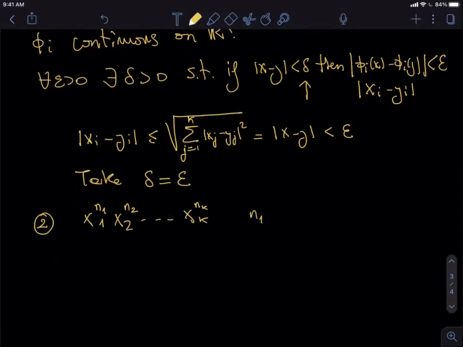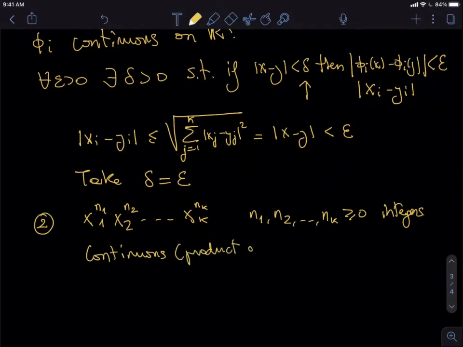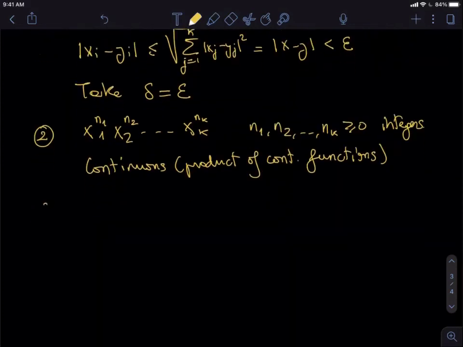Here we would have exponents n_1 and so on, and these would be non-negative integers. But this is continuous too. It's a product of continuous functions. But we don't have to stop there, because now we can also multiply by constants, which is continuous too.